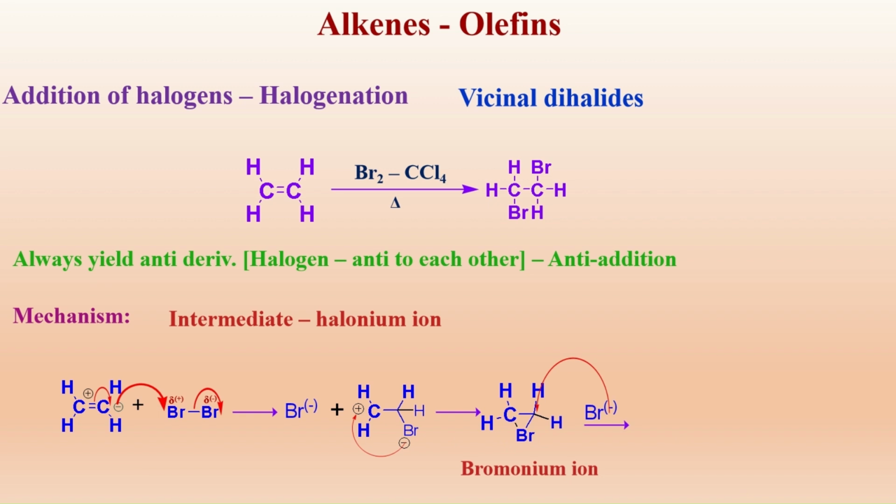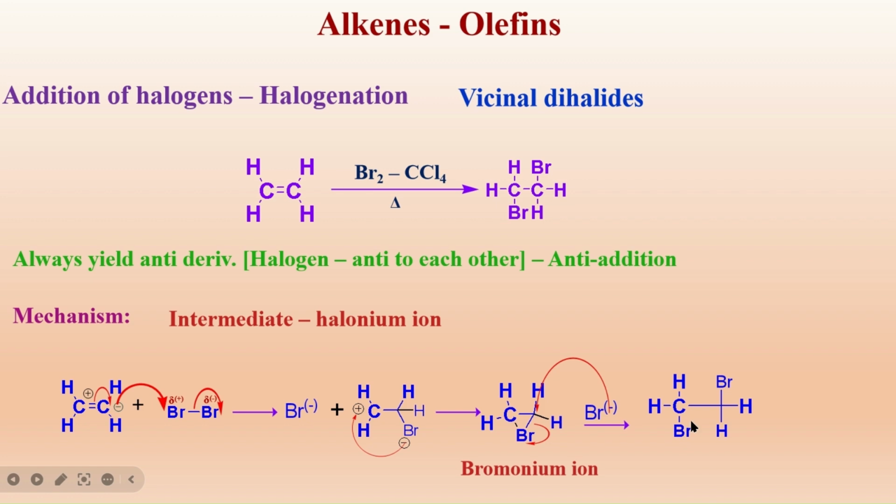When hydrogenation occurred, it gave syn addition, as the hydrogens are added on the same face of the alkene. Here, it is added on the opposite face of the alkene. That's why it undergoes anti-addition. The two bromines which are added are on opposite faces of the same alkene.